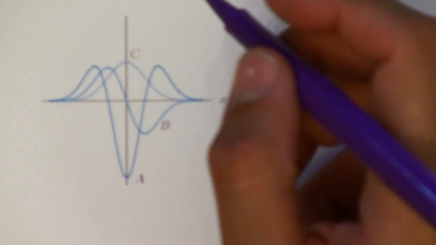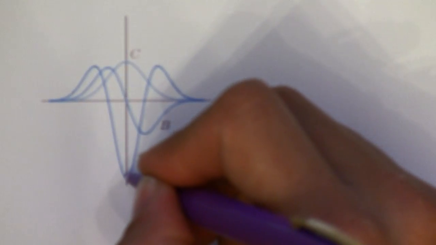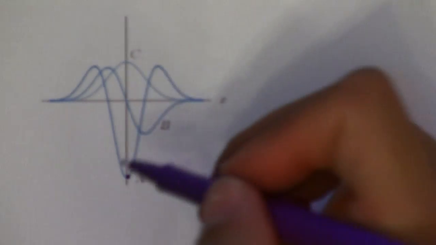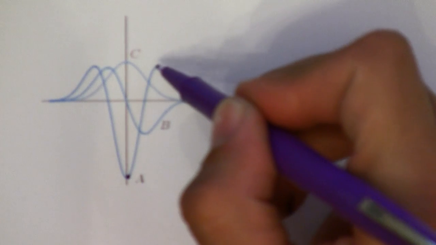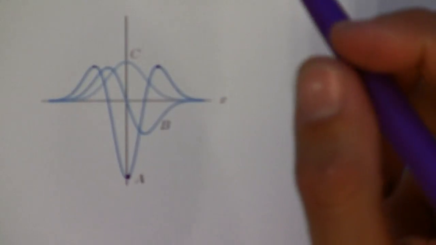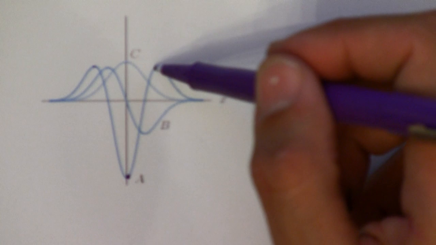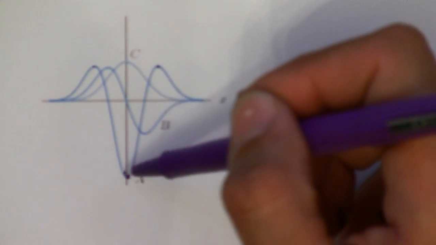So, for example, take a look at this flat spot right here. This is A. A has a flat spot here, here, and here. So its derivative would have to equal 0 at each one of those spots.